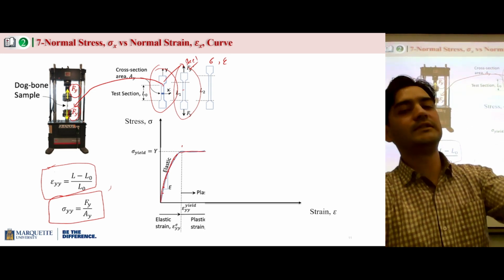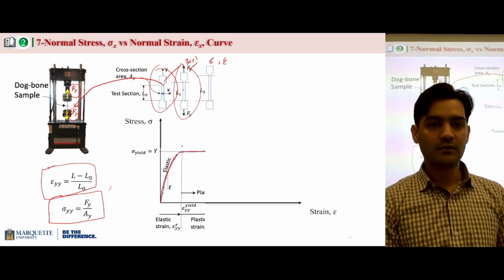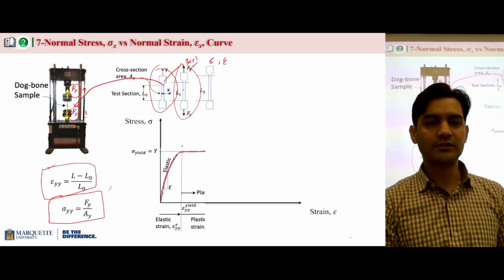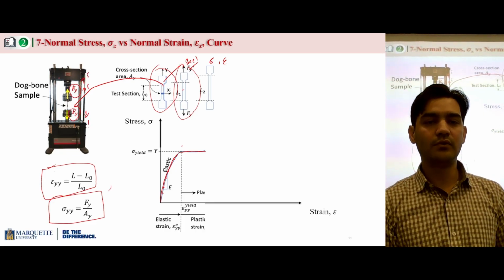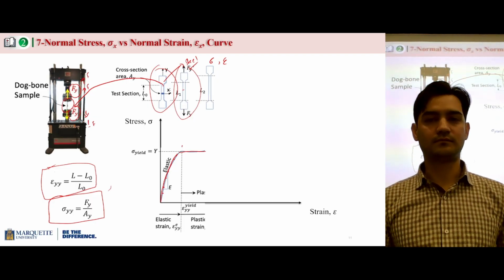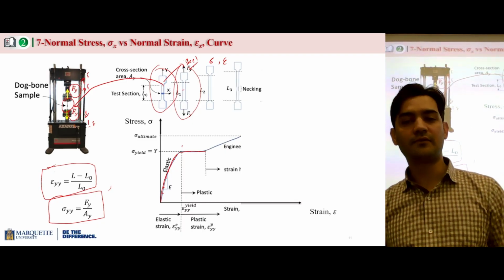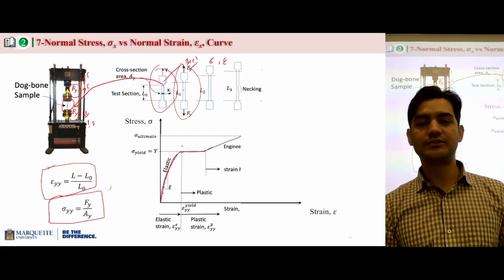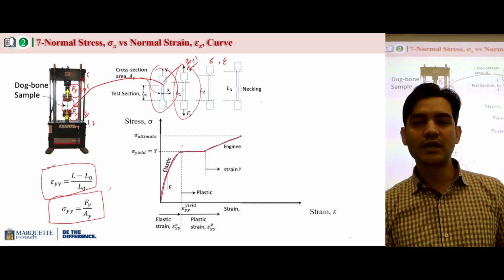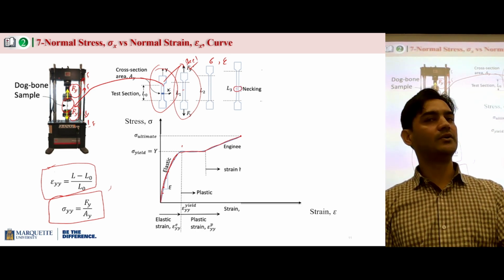But we'll keep on increasing the force. If you keep on increasing this force, you will observe what's going to happen to this dog bone sample. After some time, you're going to see an increase in stresses and strains again. And at this point, you will start to observe that the cross-sectional area has started to shrink.